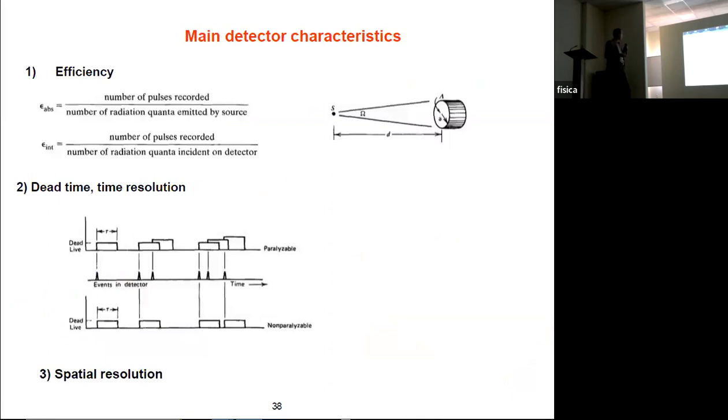If we talk about detectors, we need to somehow characterize what we expect from the device, to have some basic characteristics of these detectors. And the first, one of the simplest characteristics, is called efficiency. For example, you have a radioactive source, and you want to detect gamma rays which this source emits.